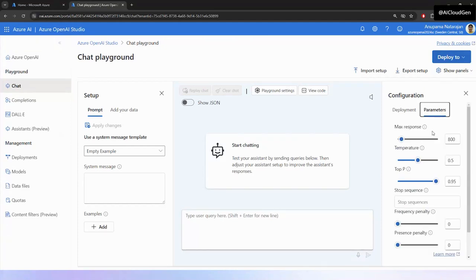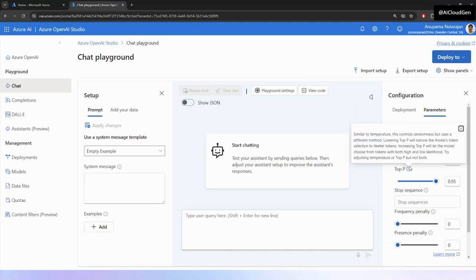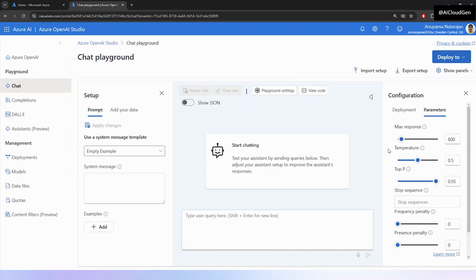Here you can see the temperature parameter, which controls the randomness in the responses. And you have top_p. This also controls the randomness, but it uses a different method, based on tokens, on how the model will provide responses to the input that you are sending.